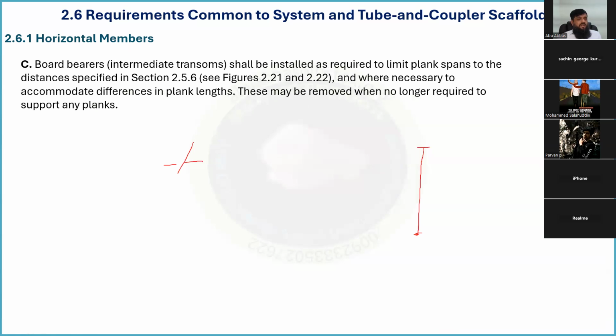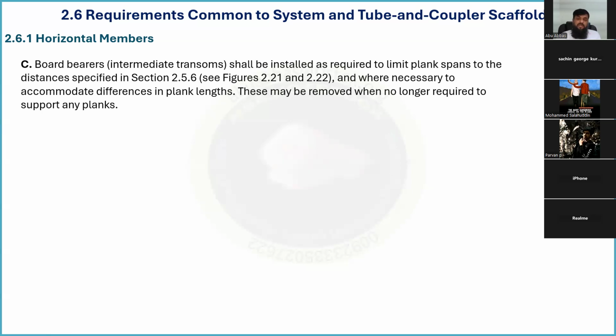Board barrier intermediate transom shall be installed as required to limit plank span to the distance specified in 2.2.5.6. We already have looked at that as figure 2.2, and where necessary to accommodate a difference in the plank length. These may be removed when no longer required to support any plank.